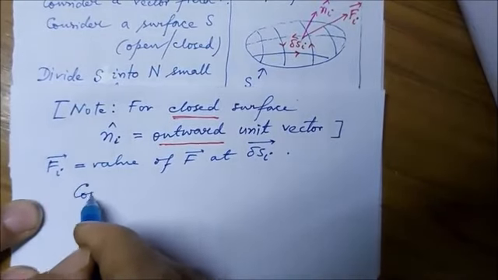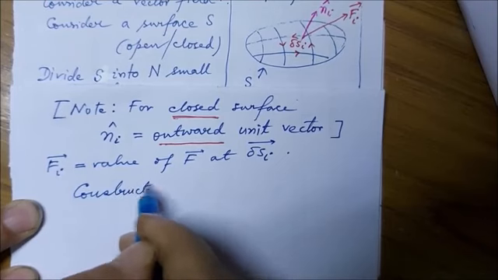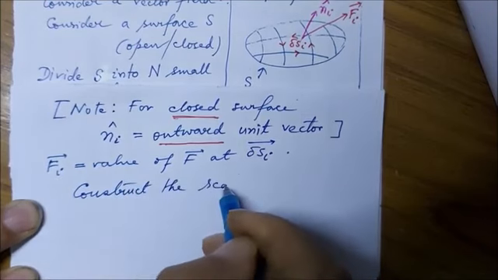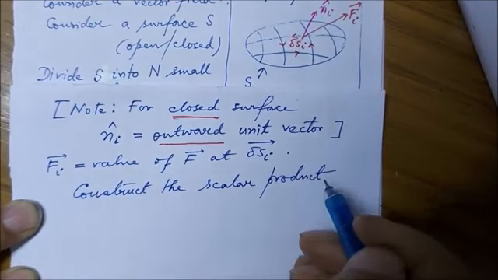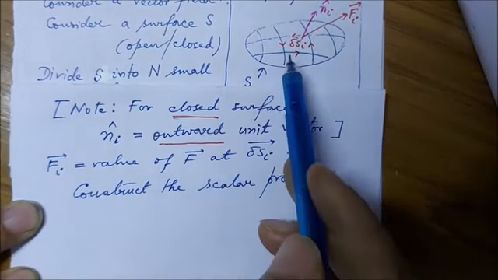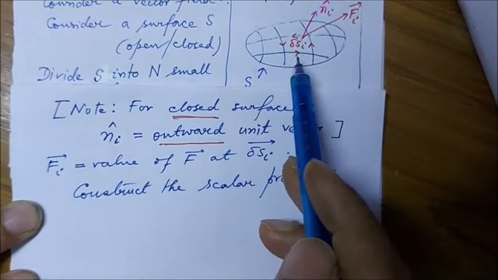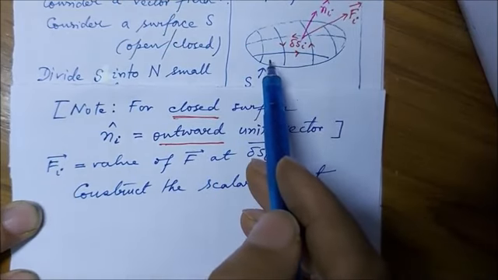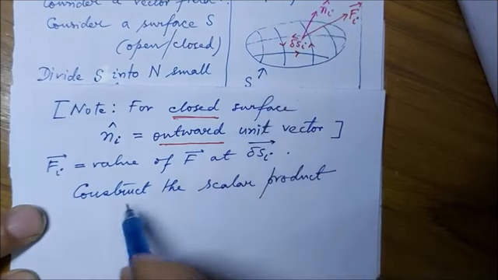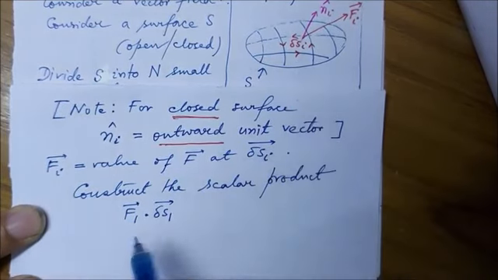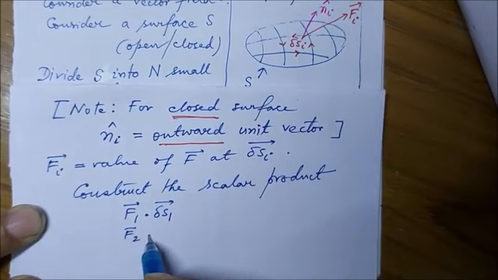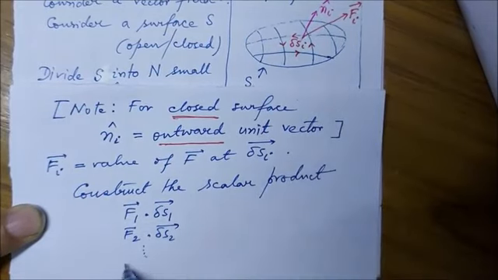We now construct the scalar product or dot product between vector F and the surface elements. So if this is the first surface element, then we consider vector F1 dot delta S1. If this is the second one, vector F2 dot delta S2, and for the nth one, Fn dot delta Sn.